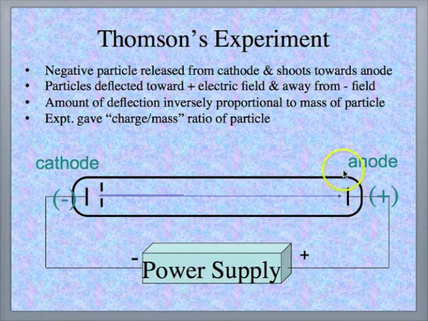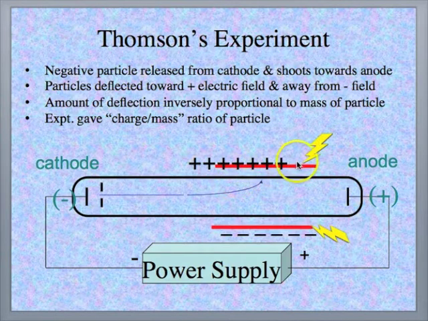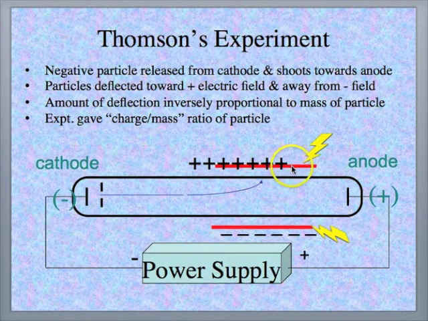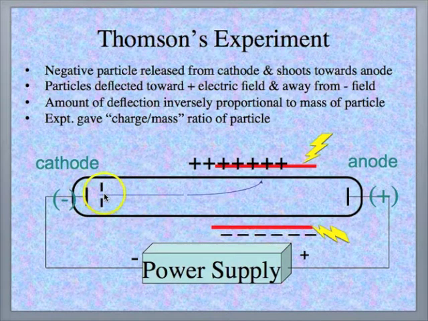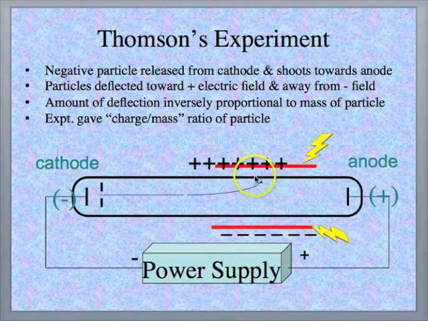What he did was to put electrical plates that were charged, one plate positive, another plate electrically charged negatively. And what he found is that these cathode rays were attracted to the positive plate.